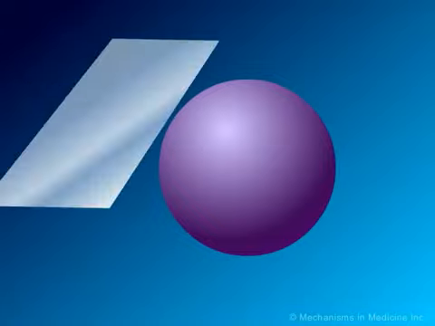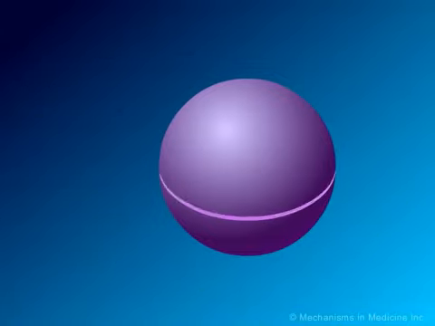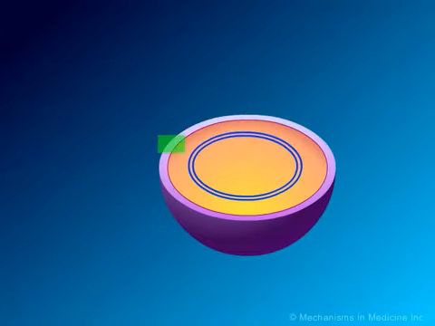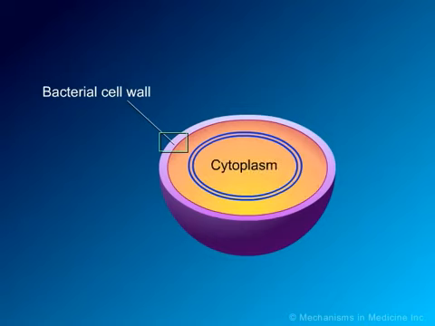Structurally, most bacteria consist of a cell membrane surrounded by a cell wall, and for some bacteria, an additional outer layer. Internal to the cell membrane is the cytoplasm, which contains ribosomes, a nuclear region, and in some cases granules and/or vesicles.